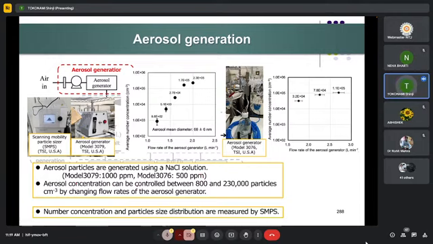Aerosol concentration can be controlled between 800 and 230,000 particles per cubic centimeter by changing the flow rate of the aerosol generator.